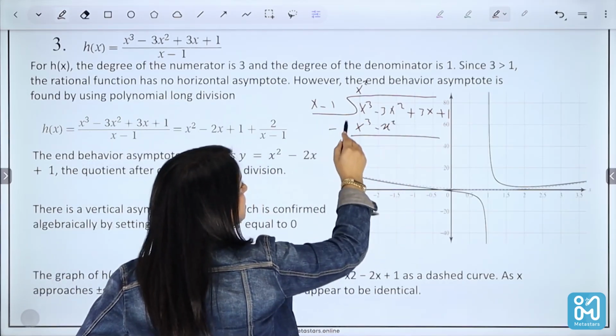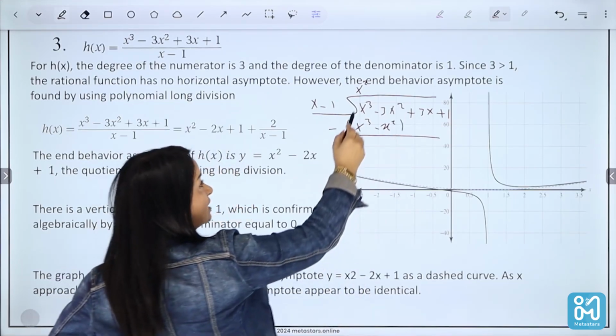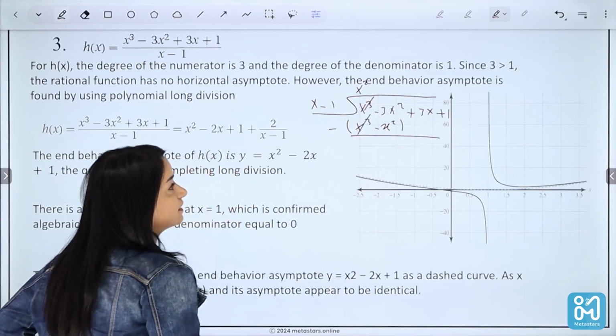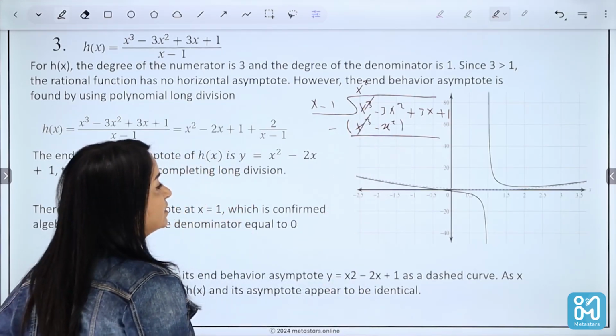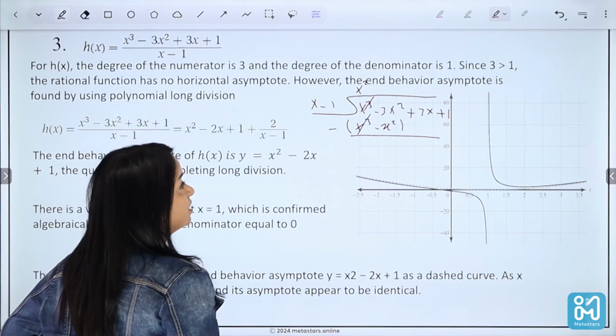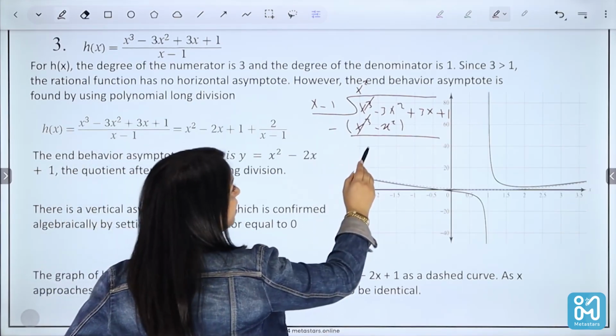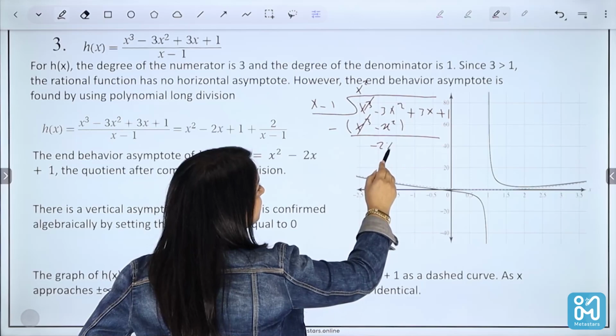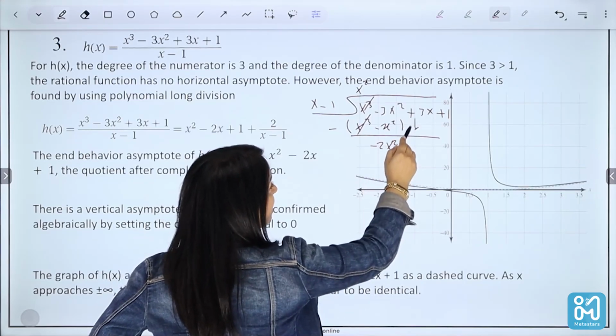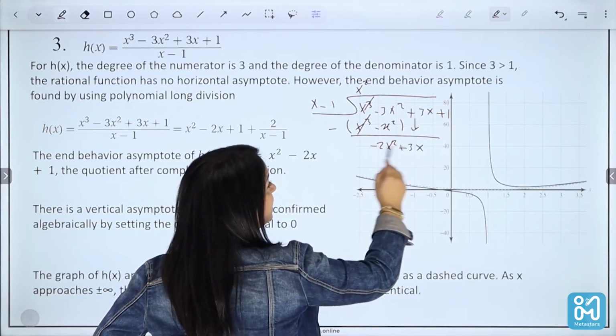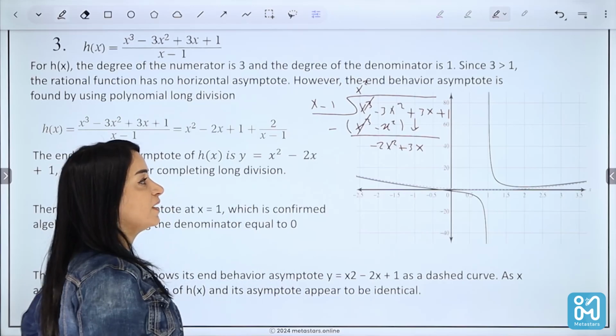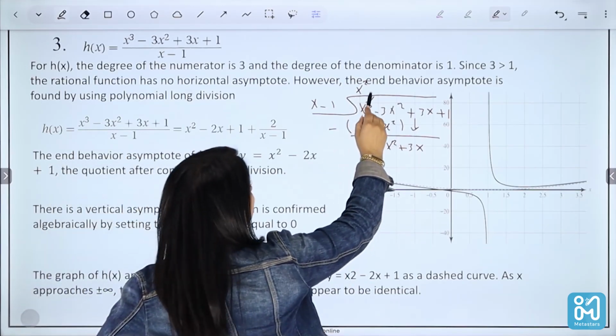Now we subtract, putting parentheses. x cubed minus x cubed is 0. Negative 3x squared minus negative x squared gives negative 2x squared. Bring down the plus 3x. Now negative 2x squared divided by x is negative 2x.